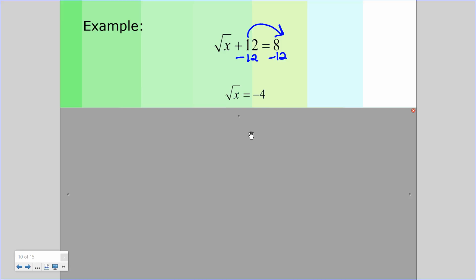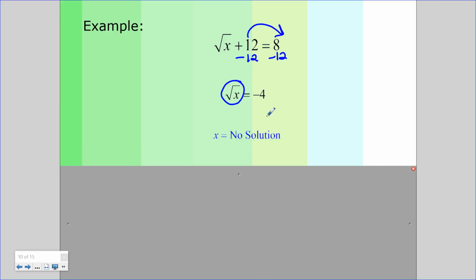Well, that leaves you with the square root of x equal to -4. At this point, because we have an isolated radical equal to a negative, this will be no solution because the square root of a number is always understood to be the positive version of that number.